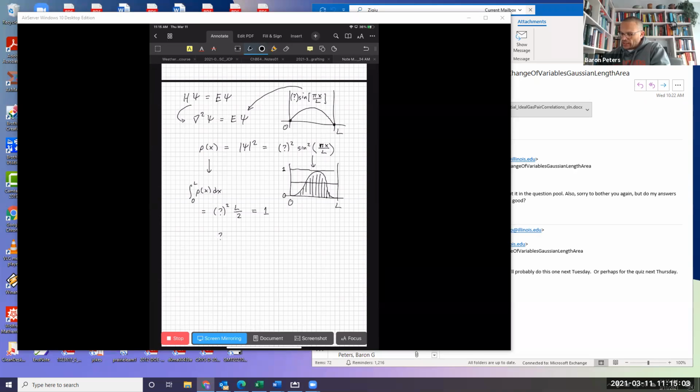And so what we find is that this normalization factor has to be equal to the square root of 2 over L. Now we would say that the properly normalized eigenfunction is the one that has the square root of 2 over L times sine of pi x over L. And the whole purpose of this is only to ensure that this thing comes out to be 1, so that we can properly think of this as a distribution. So we say that this is now normalized. We do normalization all the time to ensure this.